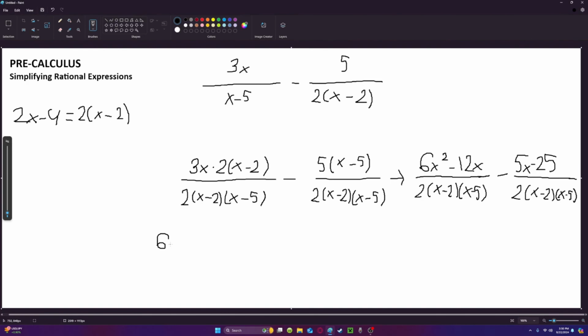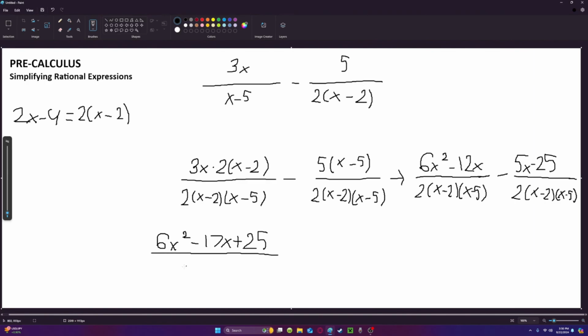So then, after subtracting, we will get 6x squared minus 17x plus 25. Notice the plus 25 because this 25 is negative and we're subtracting that negative. And subtracting a negative is the same as adding a positive. So that would be plus 25 right here.